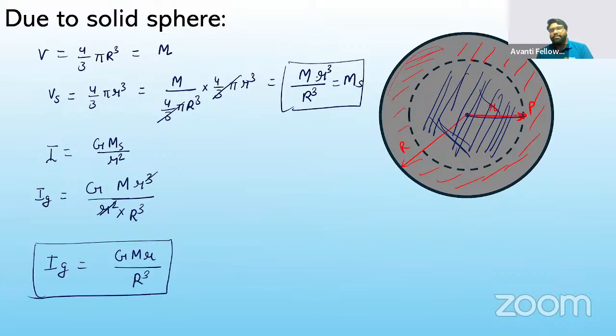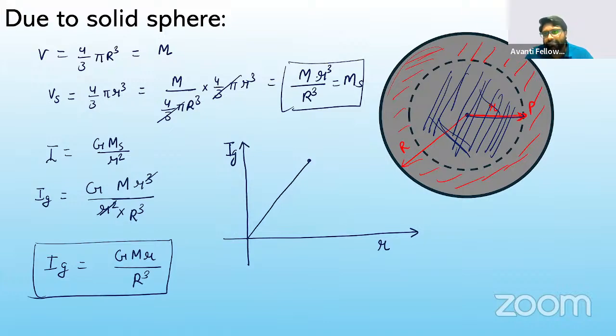Which means at any inside point of a solid sphere, the gravitational field intensity varies linearly with the radial distance. Okay. So if I draw the graph between the variation of gravitational field intensity and distance from the center of the solid sphere, it would be linear up to this point at the surface.